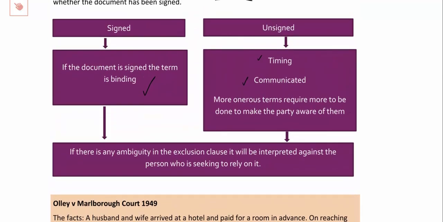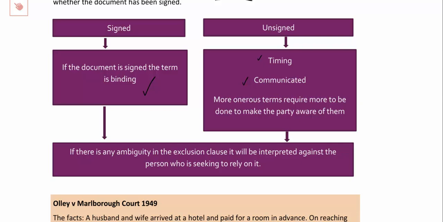The other question there is a question of communication. Was the other party made aware of the terms of the exclusion clause, and were they aware of it before the contract was entered into? Now, the courts have looked at this and they've said that the more onerous the exclusion clause, the more significant it is, if you like, the more the party has to do to make the customer aware of it.